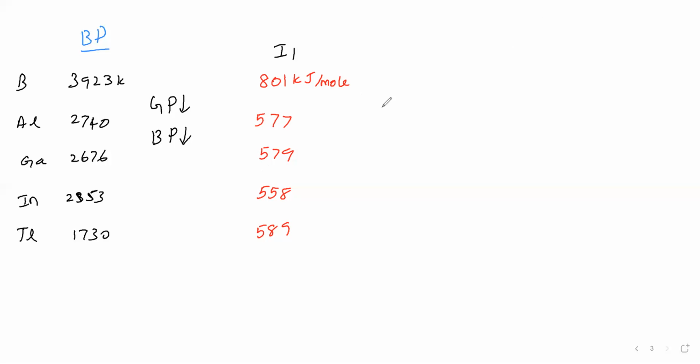Is there any irregularity? Boron to aluminum decreases. Gallium to indium decreases. Decreasing is normal. Now aluminum to gallium: instead of decreasing, it is increasing. That is exceptional behavior, like atomic radius, because 3d10 present in gallium shows poor screening effect.